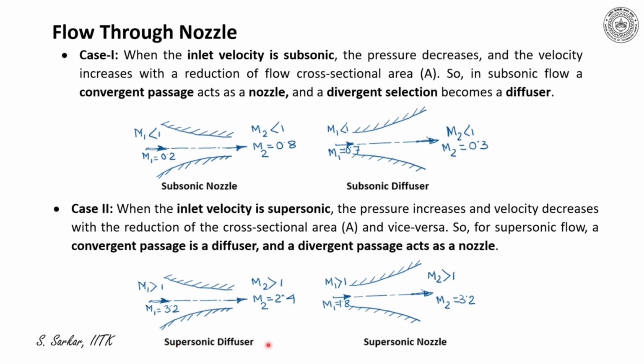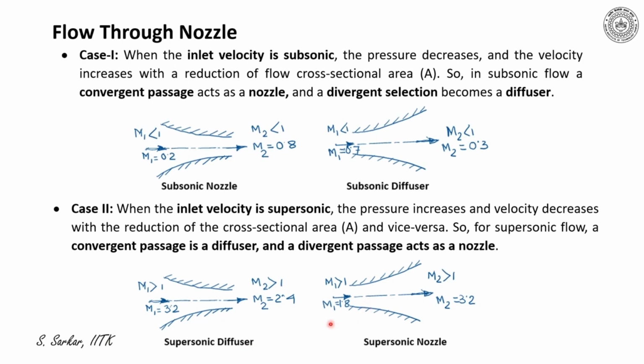Thus, I have illustrated here a convergent section where inlet Mach number is 3.2, the exit Mach number would be, as an example, 2.4, and the pressure also increases. Therefore, for a convergent section, it's a diffuser. So I have stated here a supersonic diffuser.